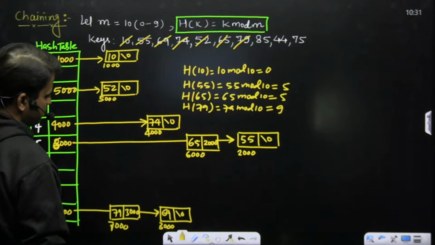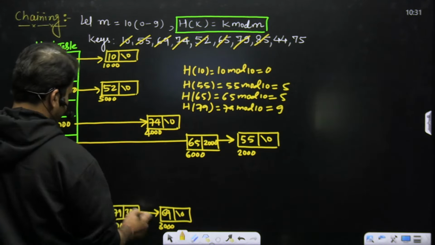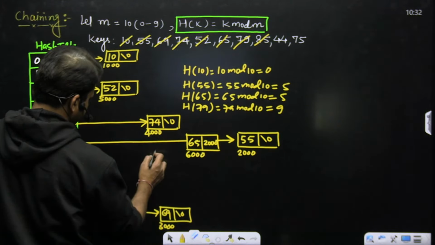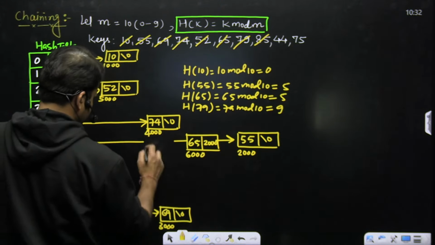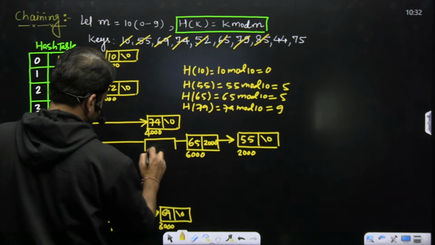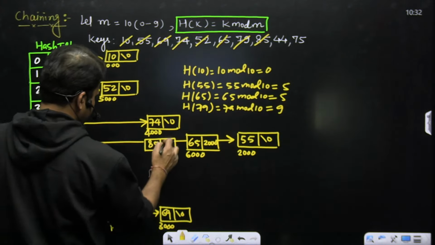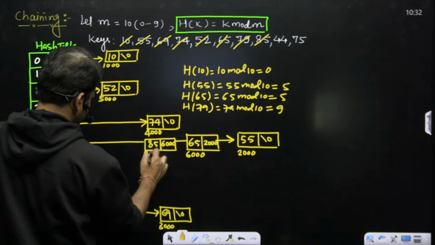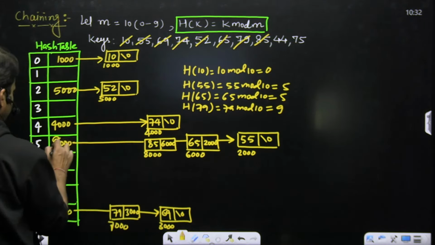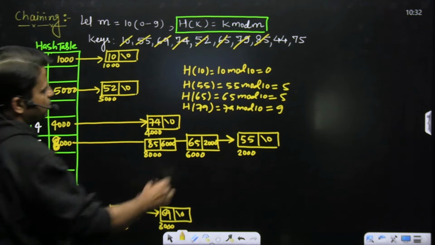Okay. Similarly 85, student. So 85 again gives 5, so it is inserted at the beginning. Let the address of this be 8000. So here 8000 is stored. Understood? Now 44.